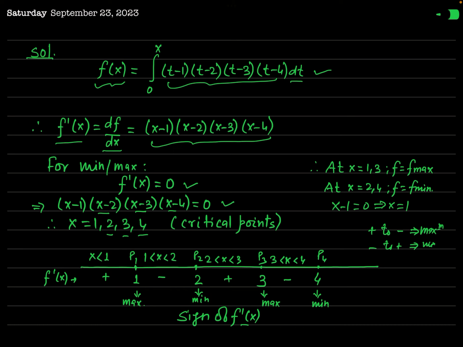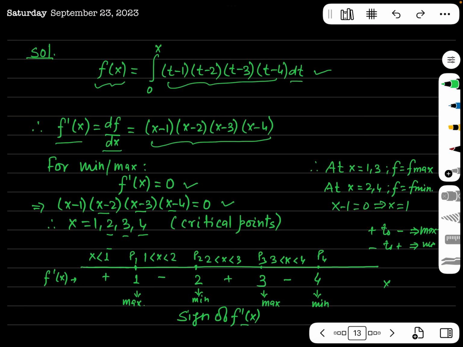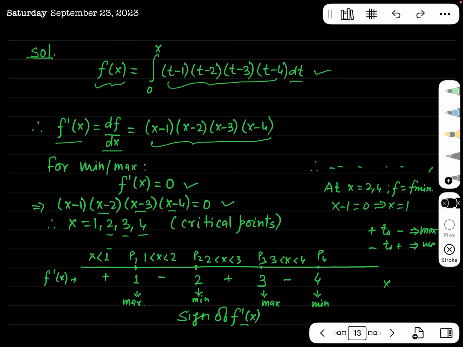Let us take a value of x which is smaller than 1, that is in this region which I have marked here. When x is less than 1, you can see x minus 1 will be negative.